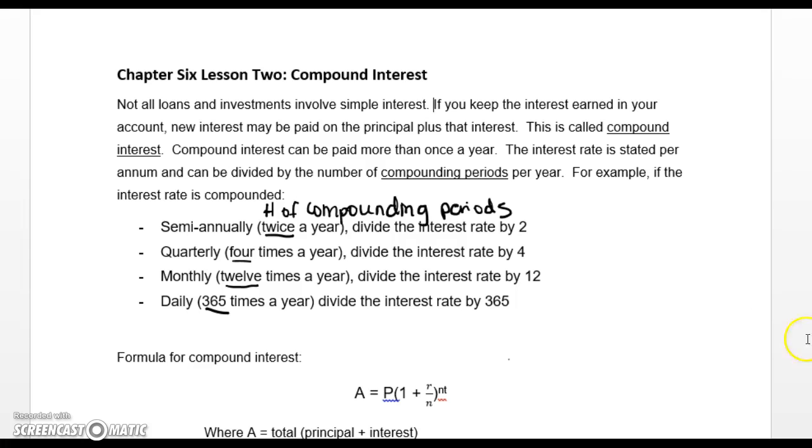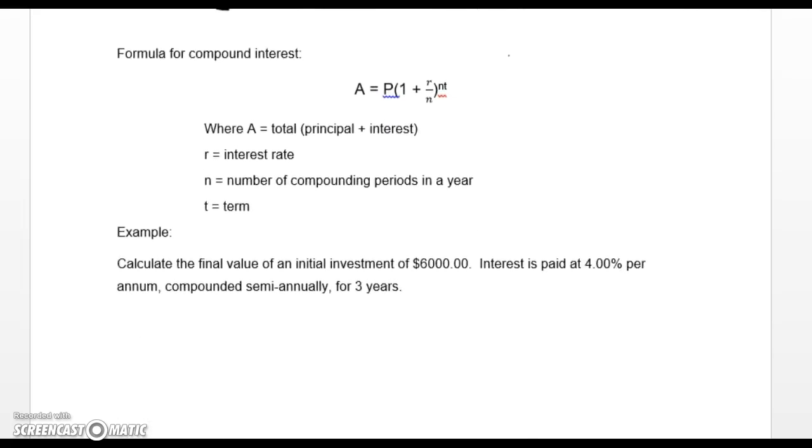So it's going to be important to understand what semi-annually means, what quarterly means, what monthly means, and what daily means. We could calculate the compound interest using our simple interest formula, but that is an immensely large amount of work, and we have this compound interest formula that can help us out big time.